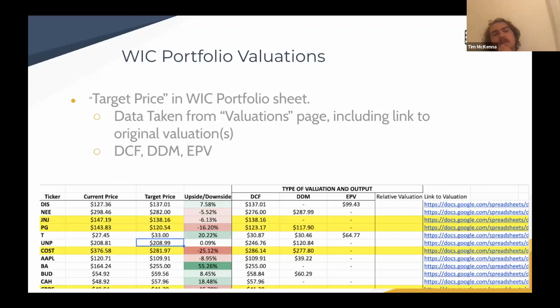We haven't mentioned the EPV yet. It's based on how sustainable the current earnings are supposed to be in the future. You can see the upside and downside are a comparison of the current price to the estimated target price valuation.